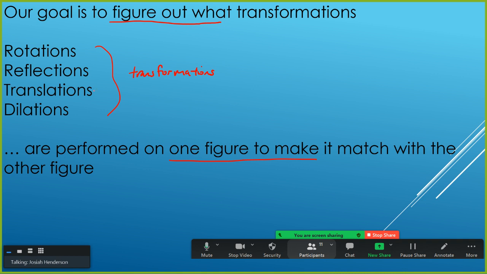So we'll be doing dilations, but we'll also be rotating it, reflecting it, or translating it. I think the best way to learn this is just to practice it. We have to identify how they look like they match up and then kind of work backwards to see what steps we could take to make them match up.